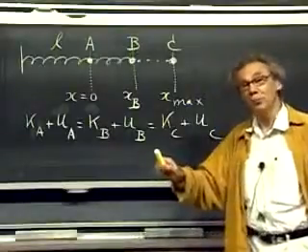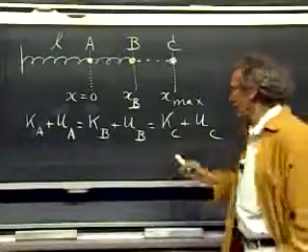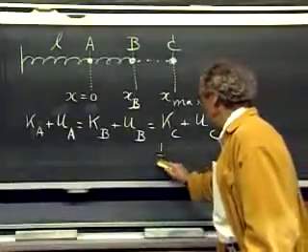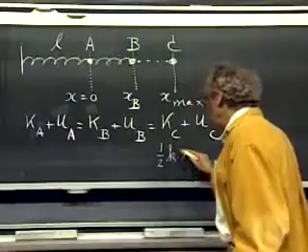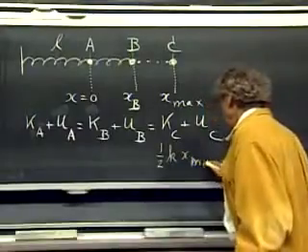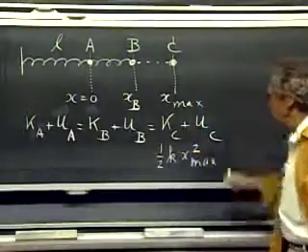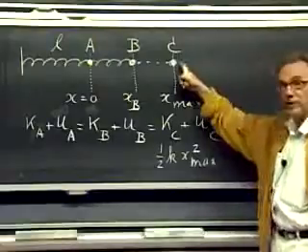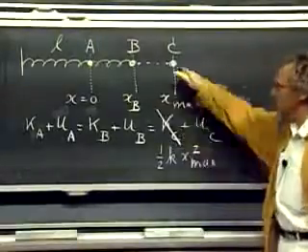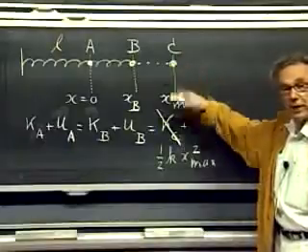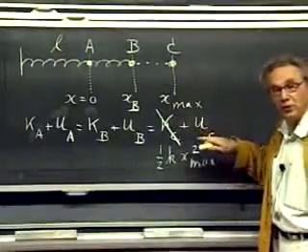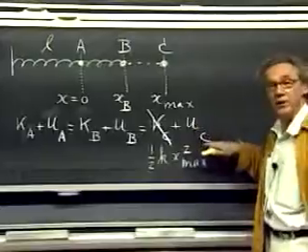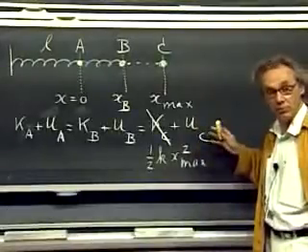And I continued the problem correctly, because I wrote down here 1/2 k x max squared, which is exactly this term. That is the potential energy at C, which reaches a maximum. It is the kinetic energy that is 0 here. And I accidentally mentioned that it was the potential energy that is 0, which is obviously not so.